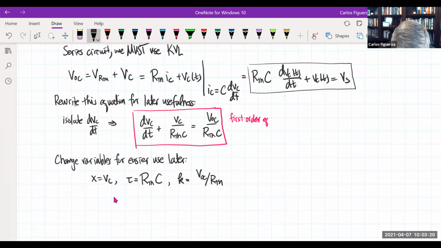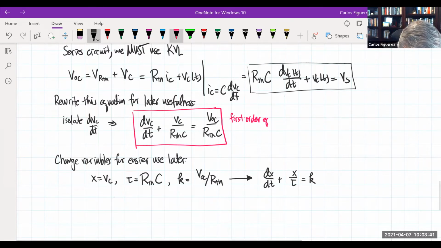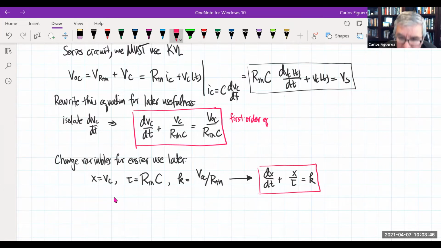So what I'm going to do here is that if I substitute this into this equation here, you're going to see that now my first order equation really looks like this. dx/dt plus x over tau is going to be equal to k. So you can see that k and tau are related, but this guy is a very generic form here. And this generic form is what we really want to look at.